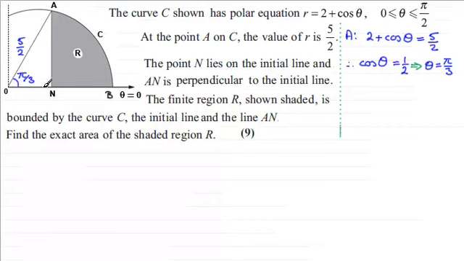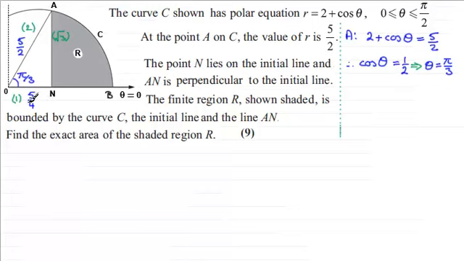The sides of a 30, 60, 90-degree triangle are in the ratio 1 to 2 to root 3. So that means that if this side is 2 units, then for 1 unit that's got to be half of this, 5 over 4. So I've got the length of ON now as 5 over 4 units.